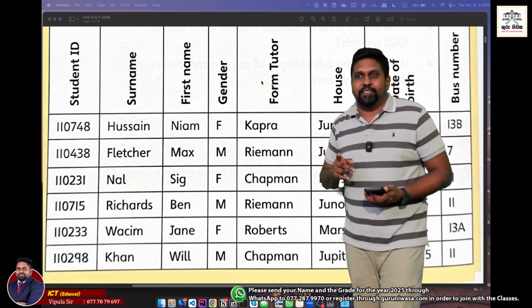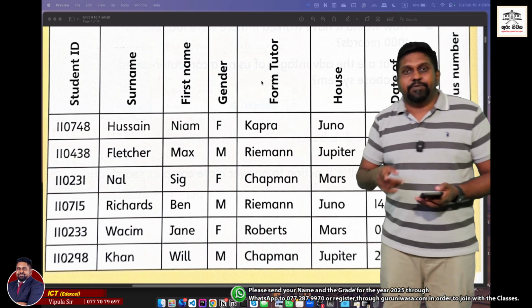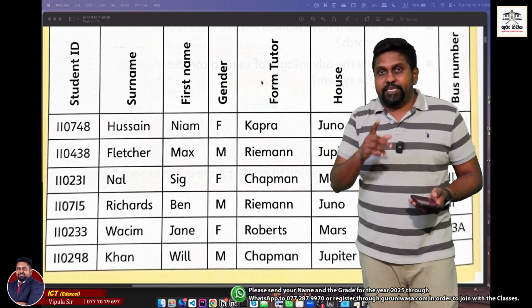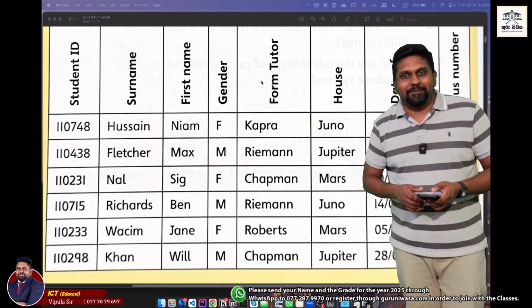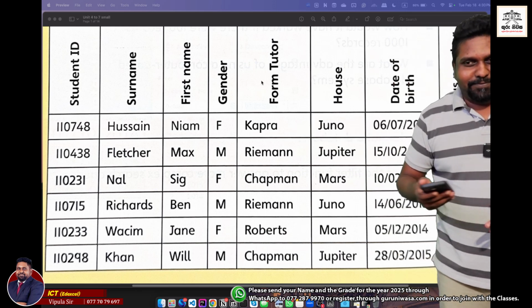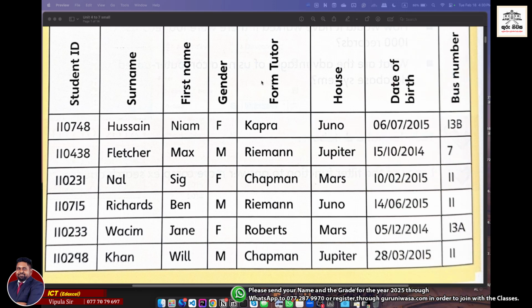I have also shared those links on the chat, our WhatsApp group as well. So let's take a quick look at the table. We have the student ID, surname, first name, gender, from tutor, house, date of birth, and the bus number.